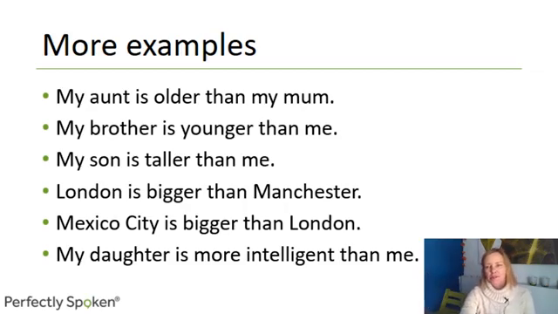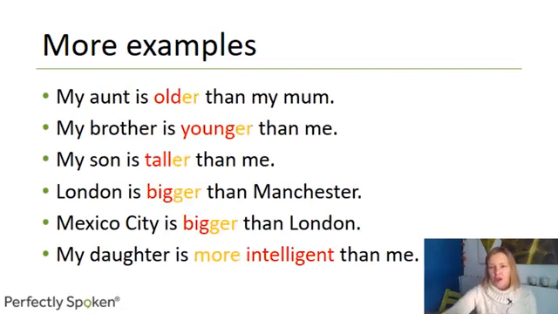Okay, so let's have a quick look at the adjectives. So here are the base adjectives: old, young, tall, big, intelligent. Okay, and you notice what happens with the adjectives when we are comparing two things. So you have different options. You've got to add er, to double the consonants and add er, as in bigger.